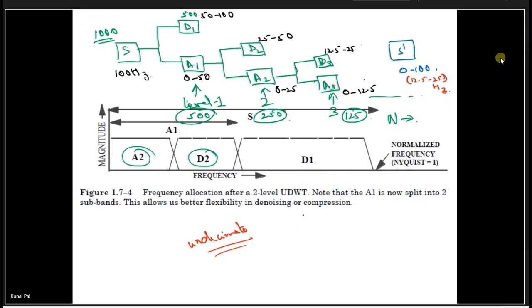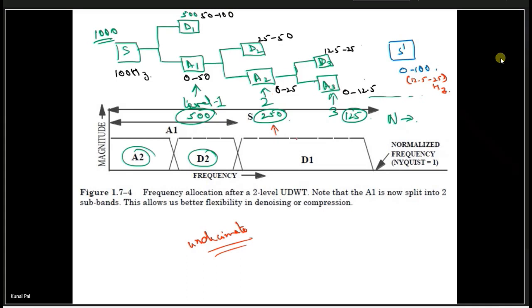Suppose you have a 1000 point signal, then it will be decimated to 500 points in A1 and 500 points in D1. Again, when you apply the decimated discrete wavelet transform, you will have 250 points in both A2 and D2.